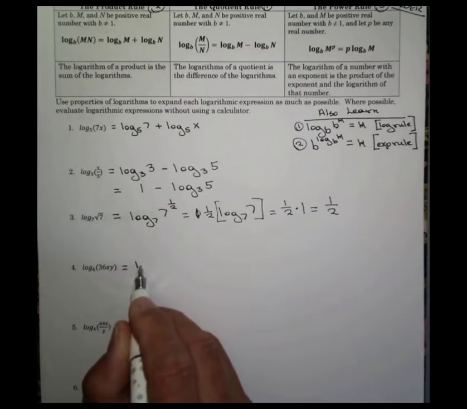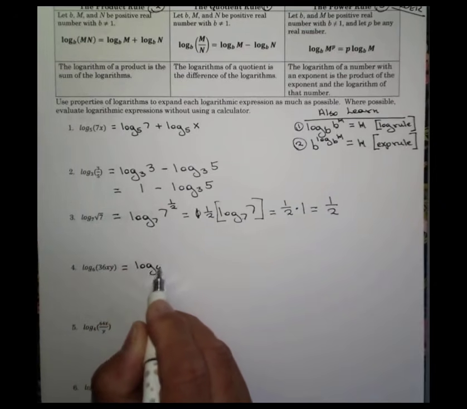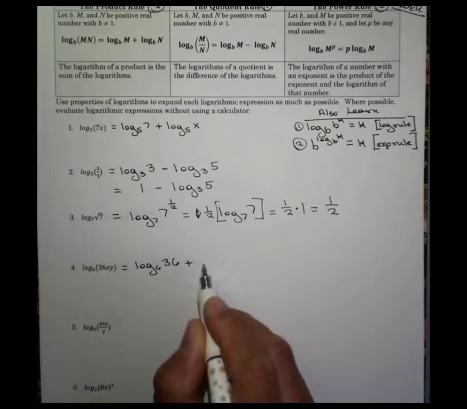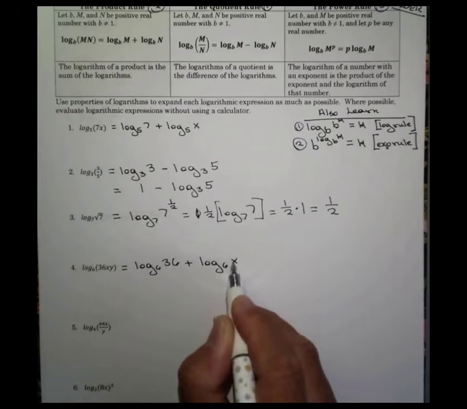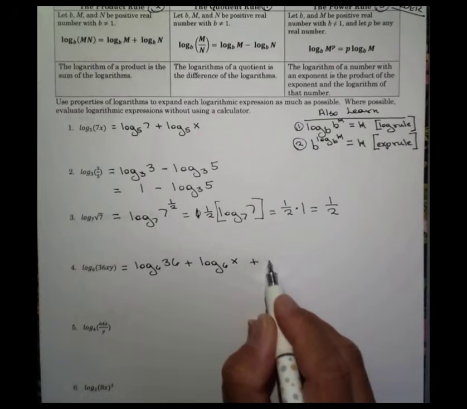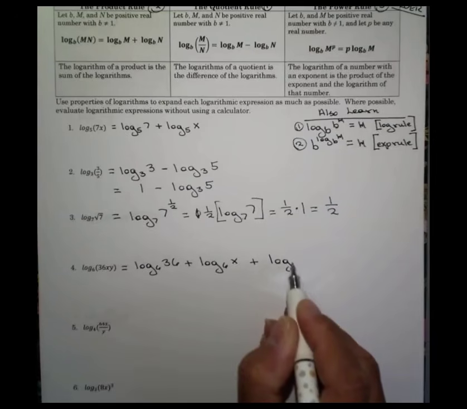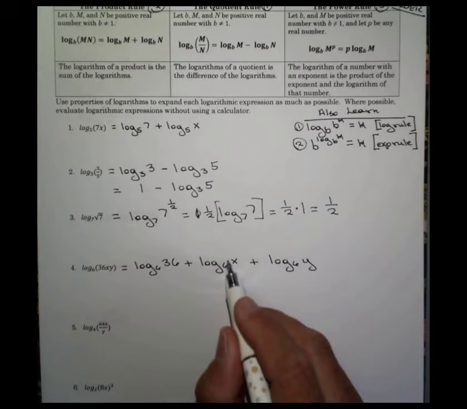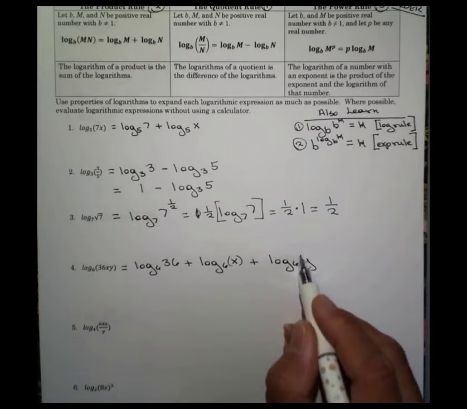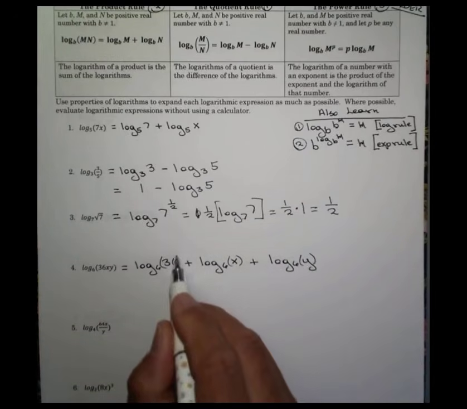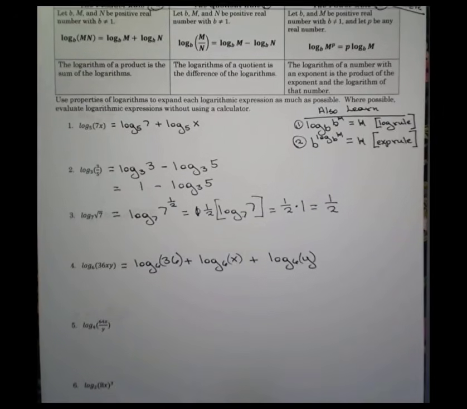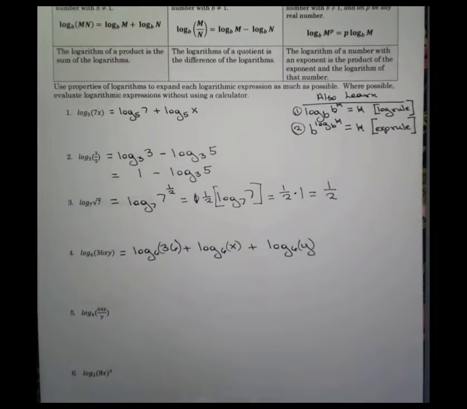So I'm going to say log base 6 of 36, and I'm going to add to that log base 6 of x, and I'll add again log base 6 of y. You can put these in parentheses if you have a tendency to not remember which one is the base and which one is the argument of your log. Go ahead and put them in parentheses, okay?